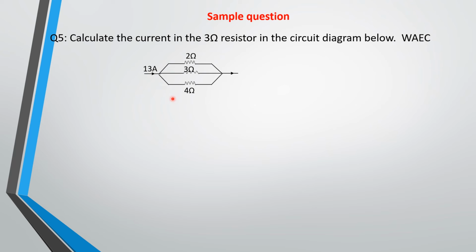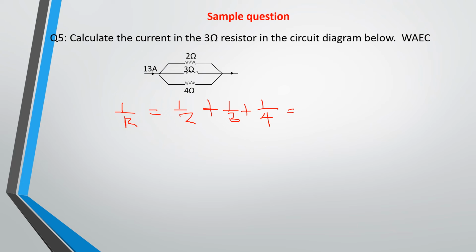Okay, so what you are going to do first of all is to find the effective resistance or the overall resistance. And so for overall resistance, 1 over R is equal to 1 all over 2 plus 1 all over 3 plus 1 all over 4.